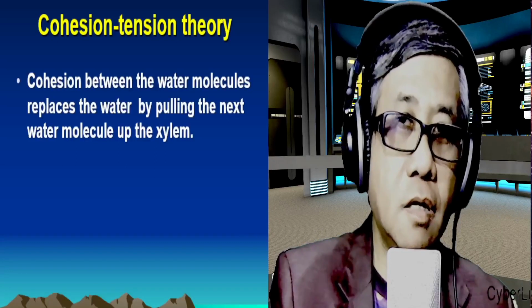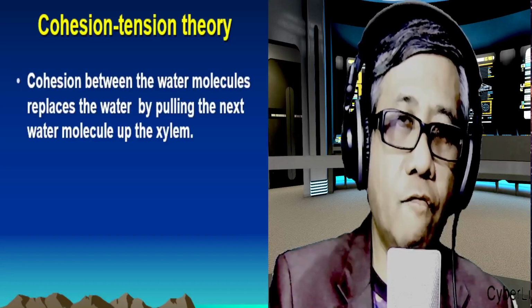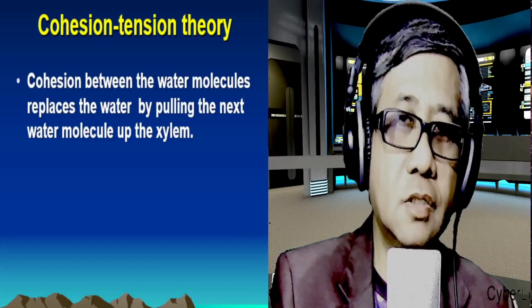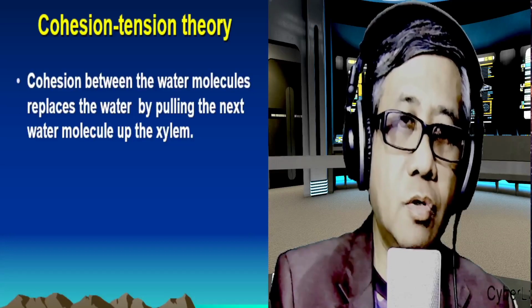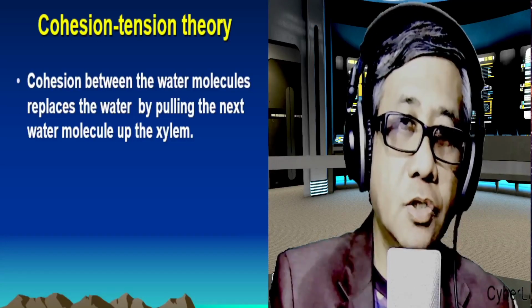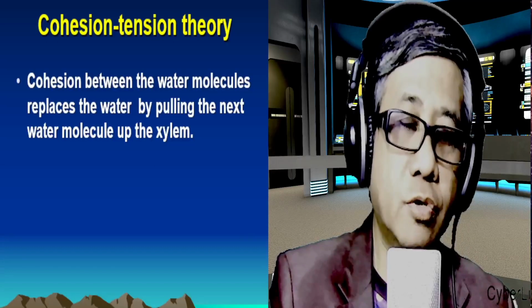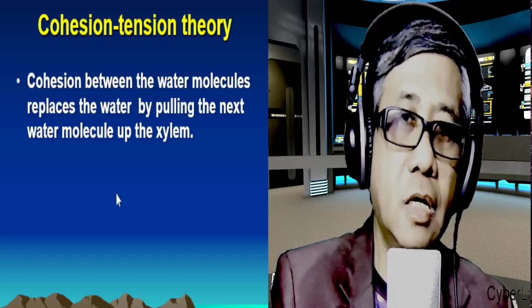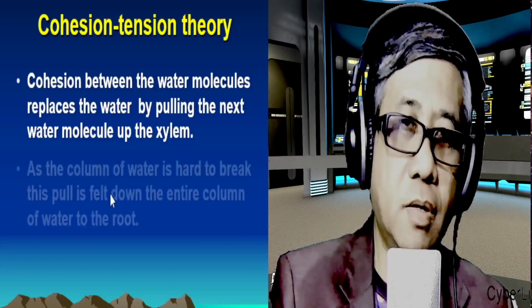Remember, in the leaf, there is evaporation of water. As water is converted into gas, the adjacent water molecules replace the water that has evaporated. This will pull the next water molecule up the stem. Remember, these water molecules are attracted to each other by hydrogen bonding.